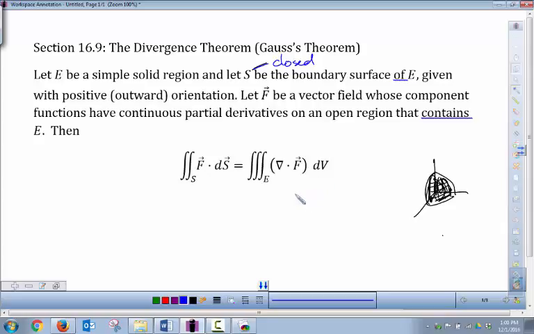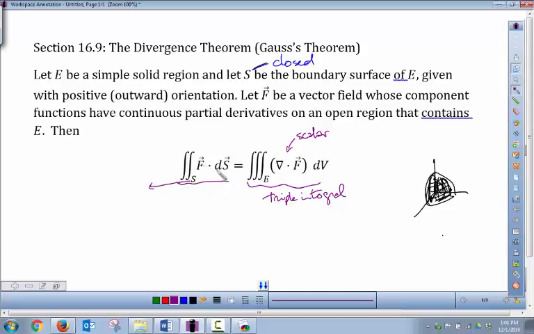So this is our regular triple integral, and this is a scalar. And then on the left-hand side, you have a flux.